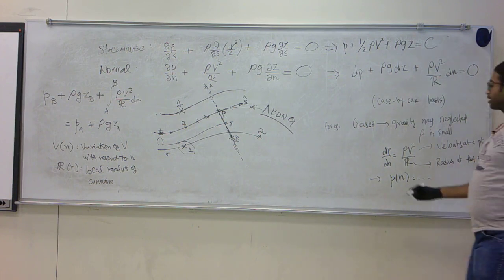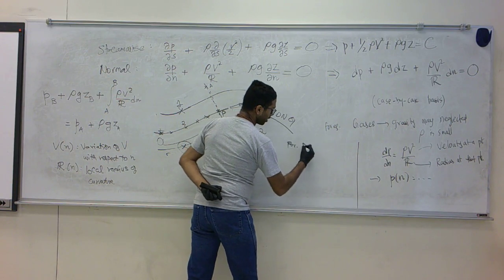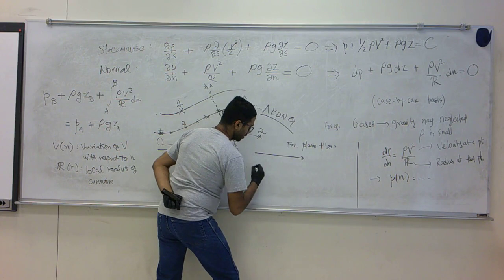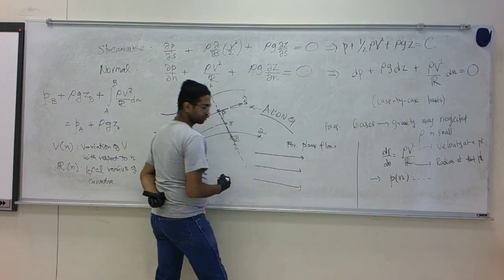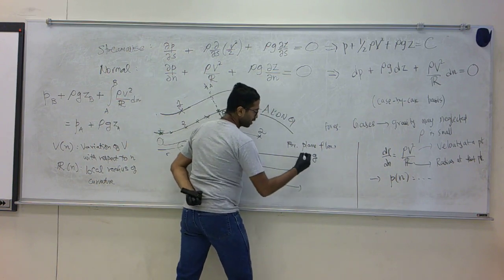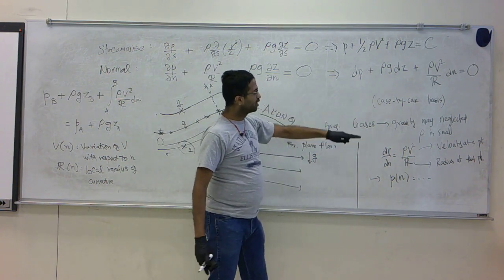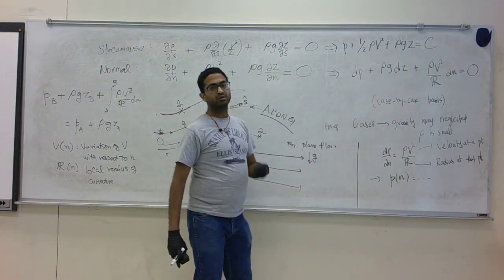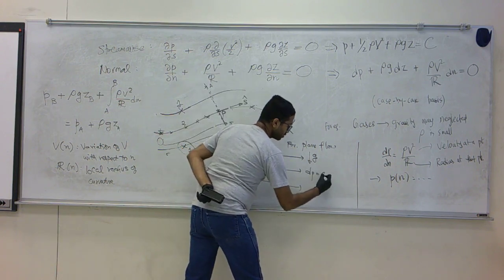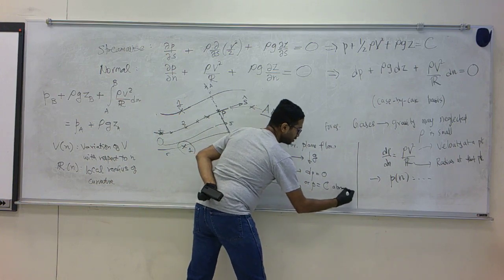The other scenario is, for example, a plane flow, that is, if your streamline is perfectly horizontal, then gravity is not important. Gravity is downwards. Gravity is not important. And this r is also infinity. So what you get is basically dP is 0, or P is a constant along the normal direction.